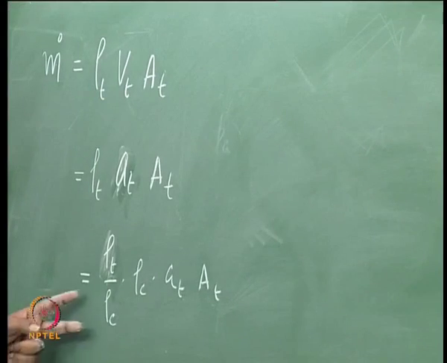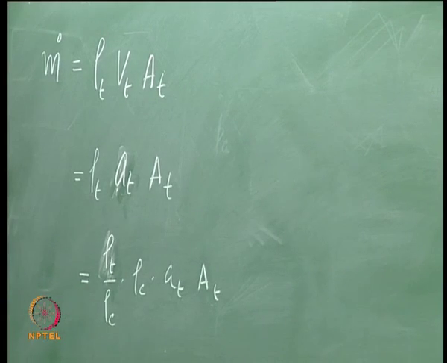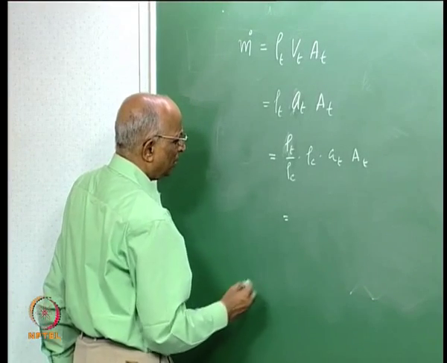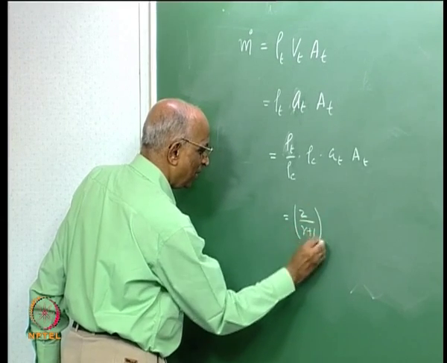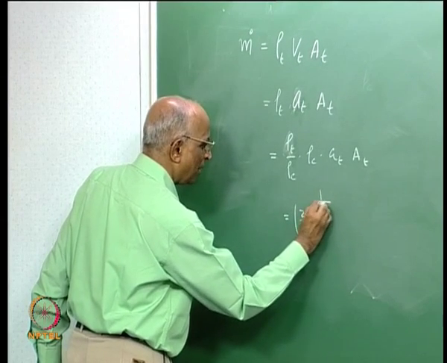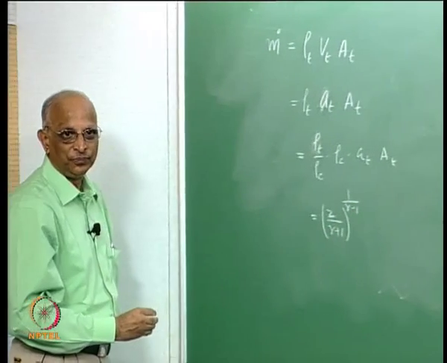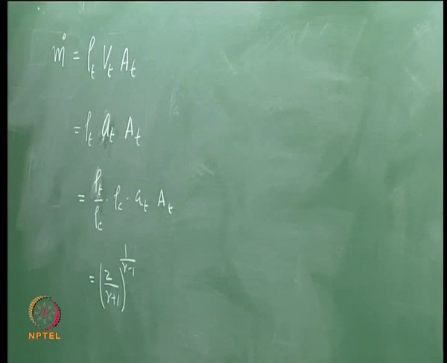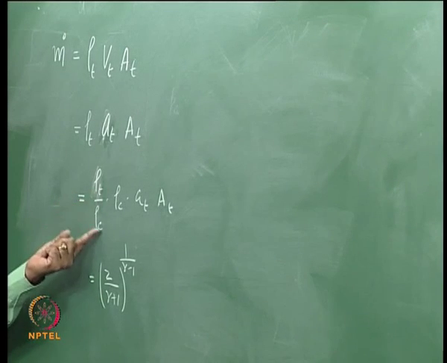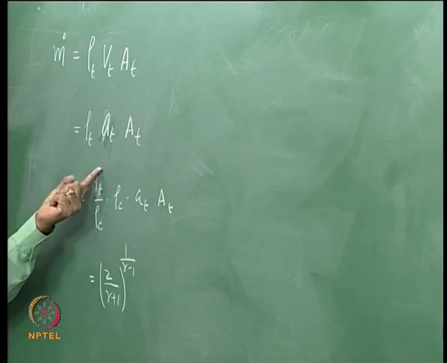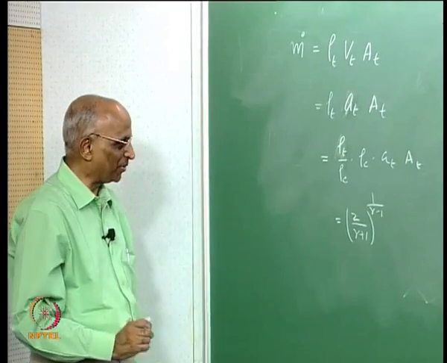Now, rho t by rho c we already know is equal to 2 over gamma plus 1 to the power 1 over gamma minus 1. All right, please let's keep track. In the last class we derived the expressions for rho t by rho c, Pt by Pc and Tt by Tc, and we got this expression.